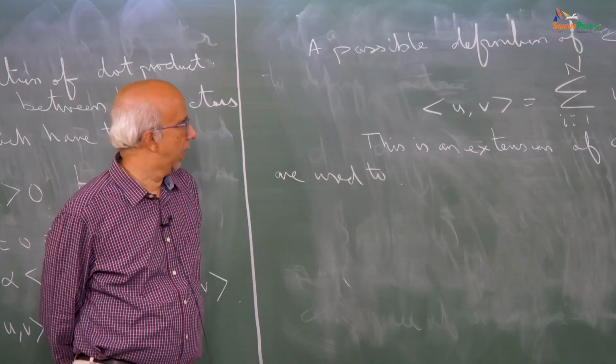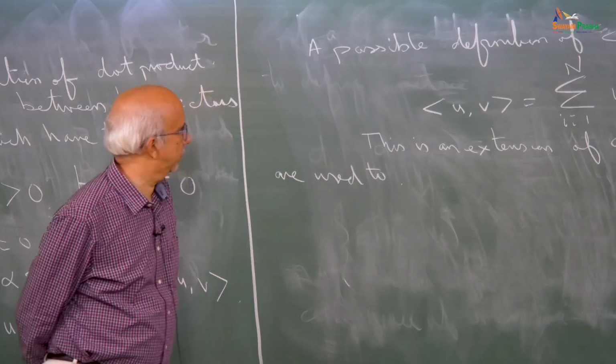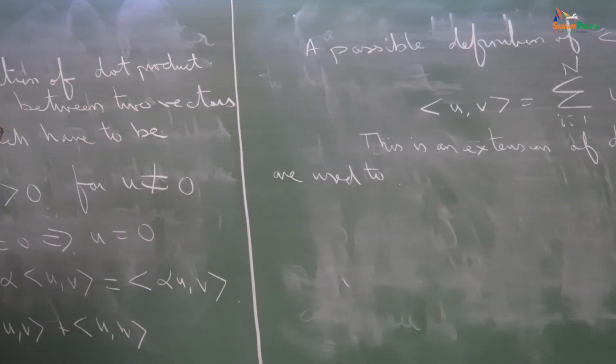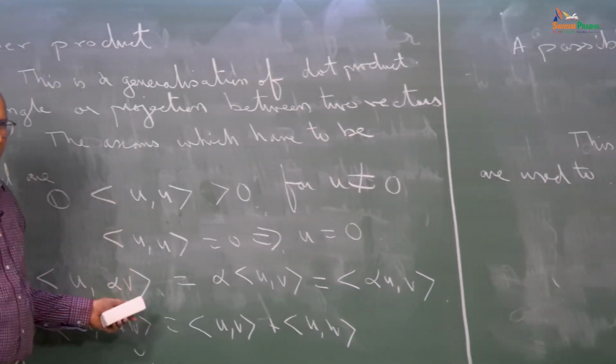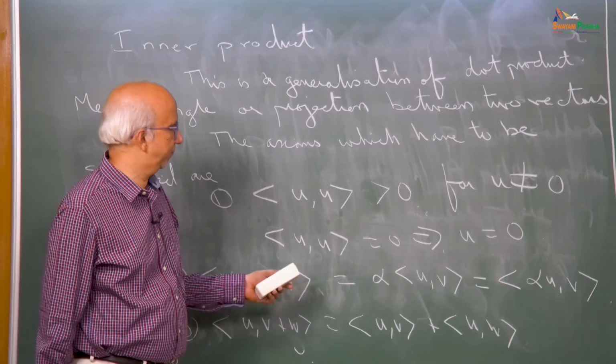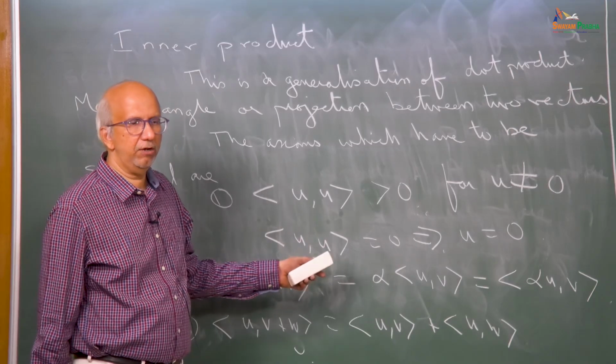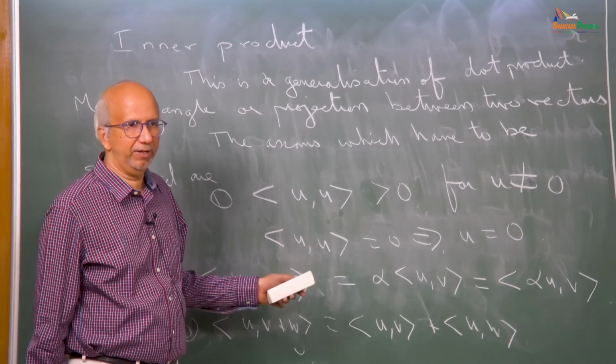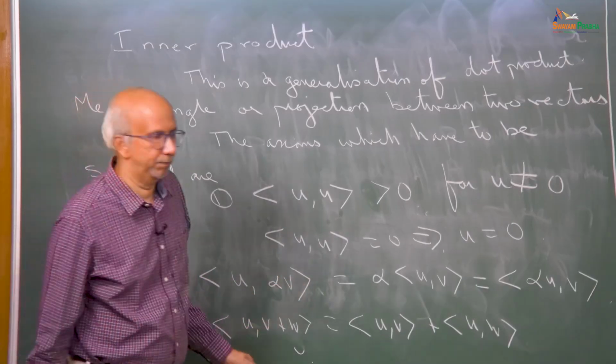Now, again the one thing which I want to emphasize is that these axioms are for alpha real, for real vectors, okay.